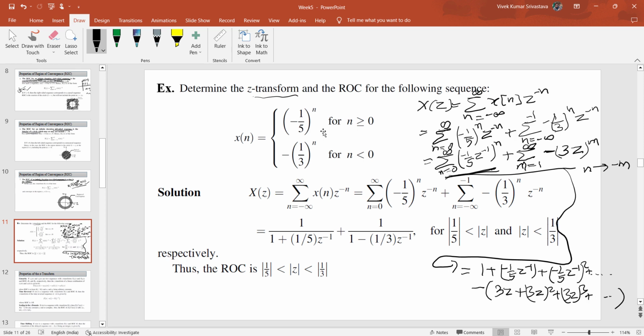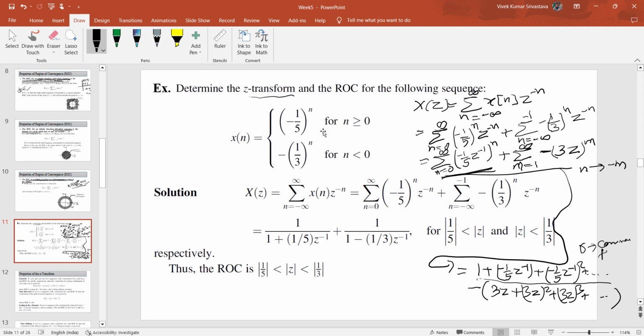As we know, the summation of a GP series having r as a common factor is defined as 1 over 1 minus r.